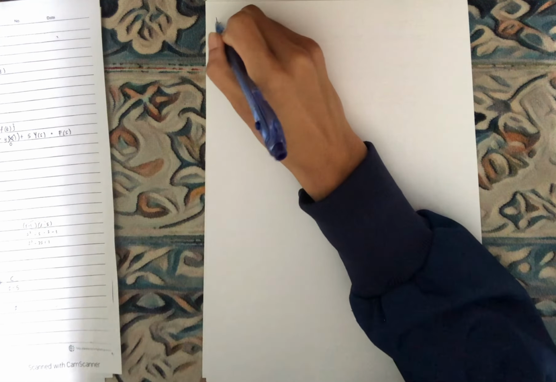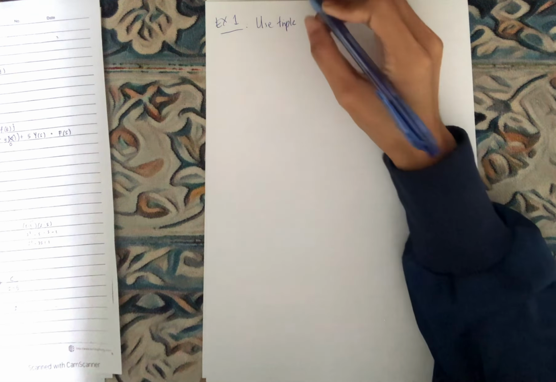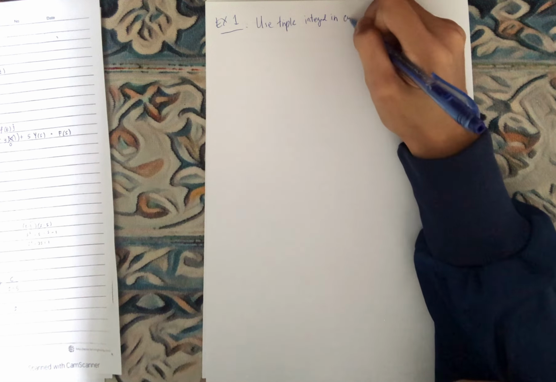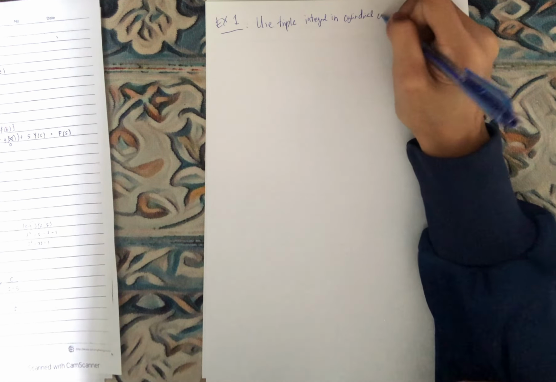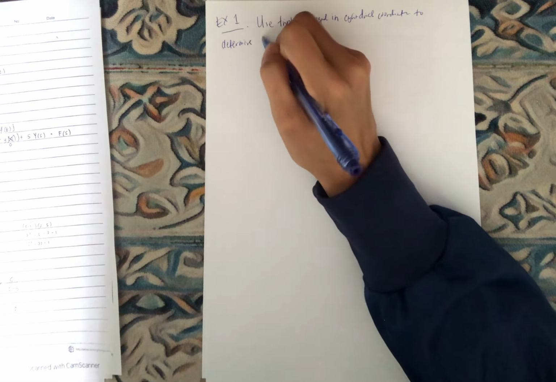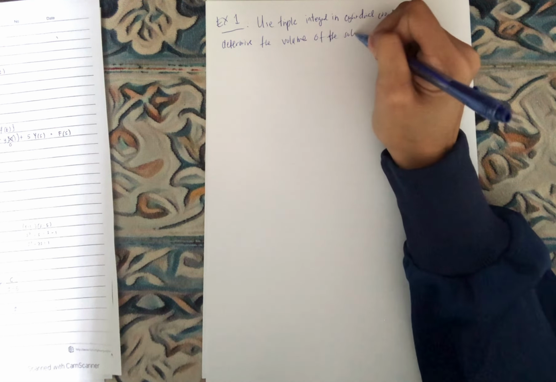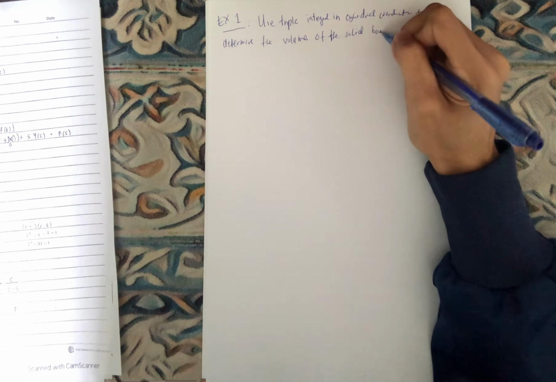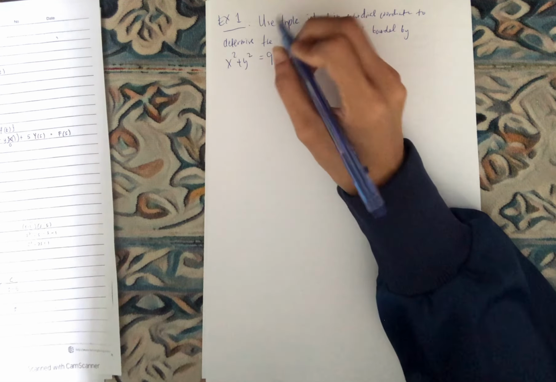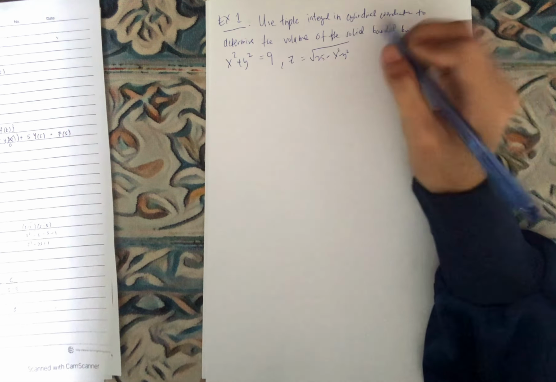Example 1: use triple integral in cylindrical coordinates to determine the volume of the solid bounded by x squared plus y squared equal to 9, z equal to 25 minus x squared minus y squared, and z equal to 0.